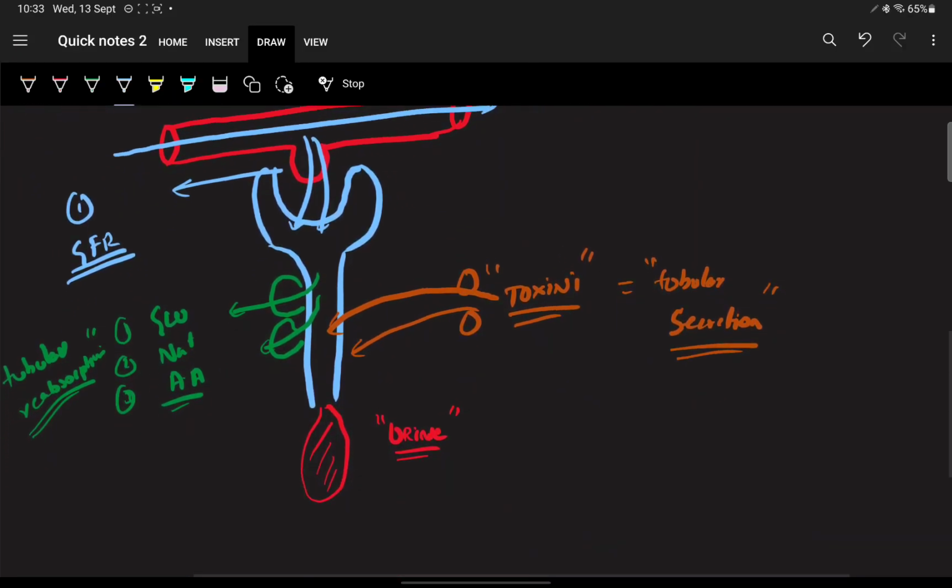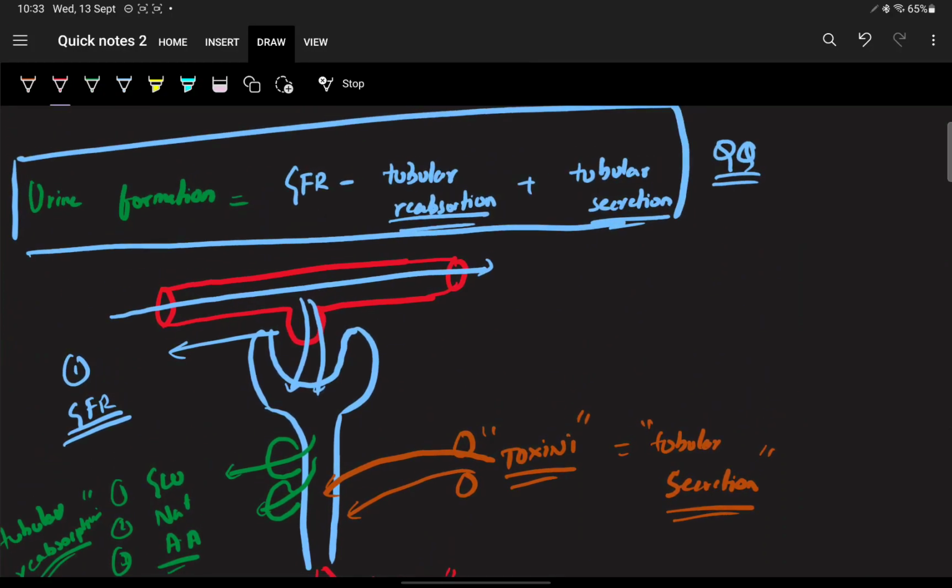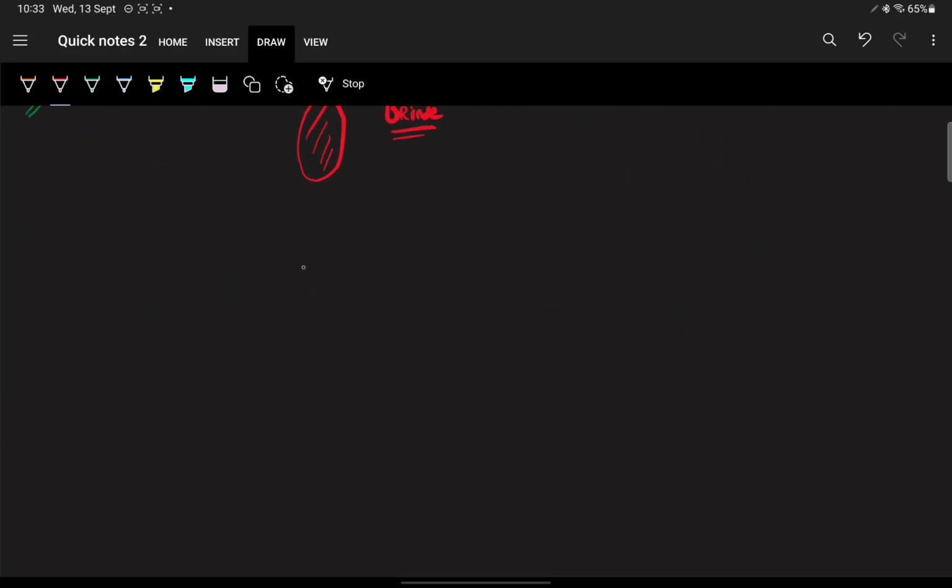Now this GFR is dependent on certain factors. So GFR is equal to net filtration rate into filtration coefficient.